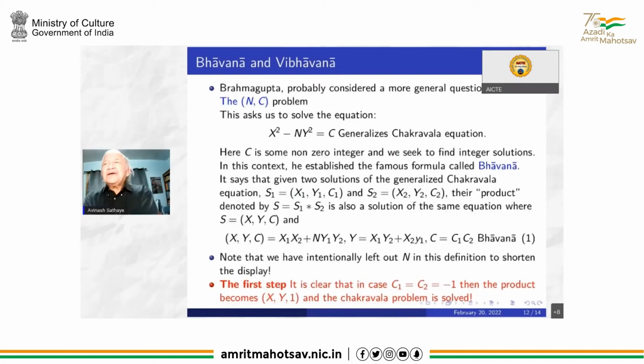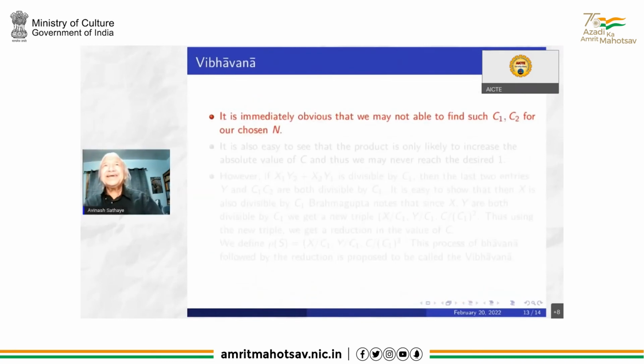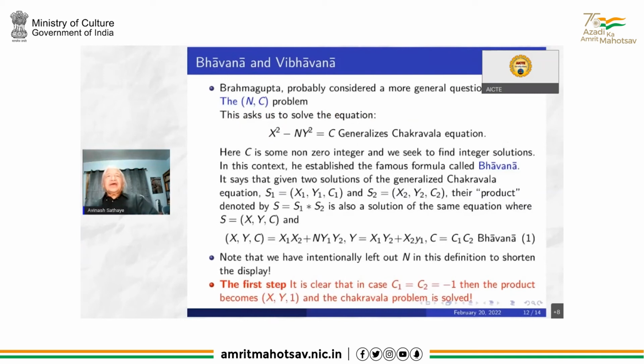Okay. So the first step of solution is the case where C1 and C2 are both -1. Then the product becomes x, y, 1. It's the product of x, y, 1 with itself, where C1 and C2 are both -1.